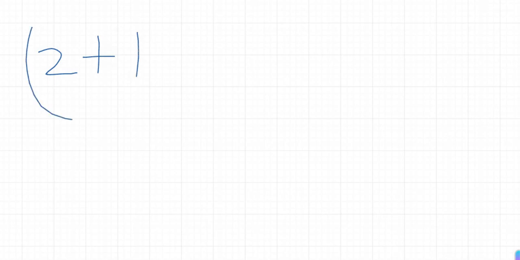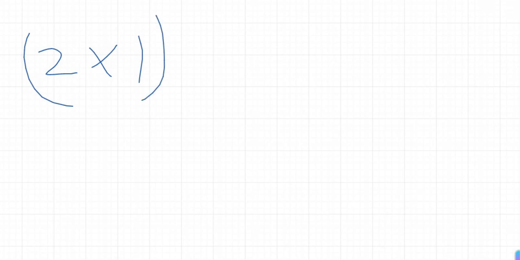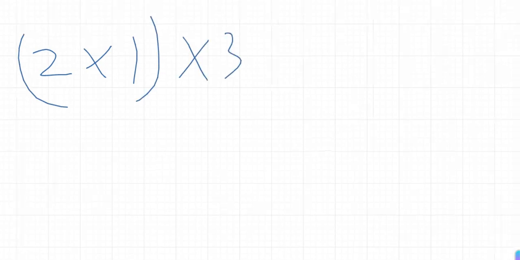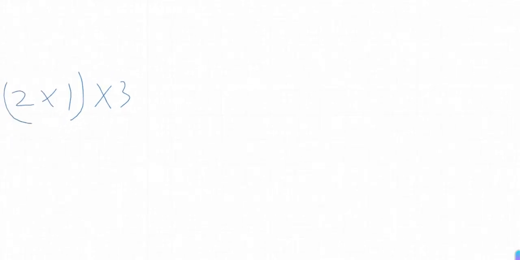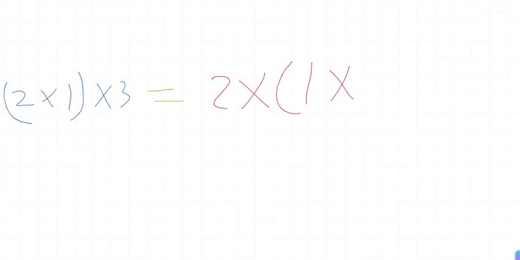Let's use multiplication with the same associative property. We could use the same numbers. So we could say 2 times 1, and then multiply by 3, equal to 2 times 1 times 3.